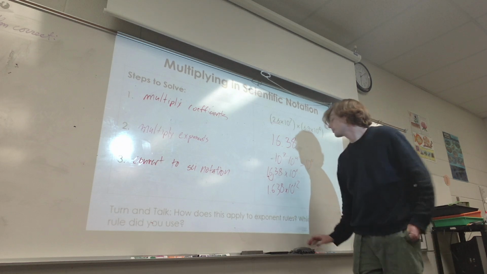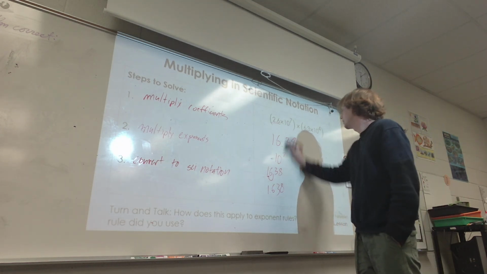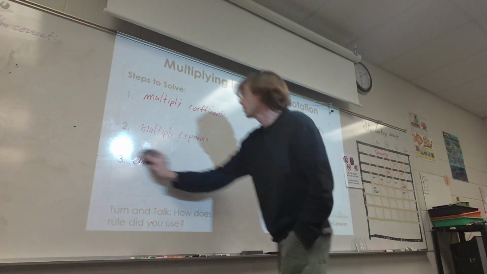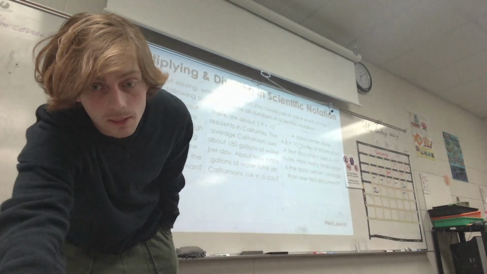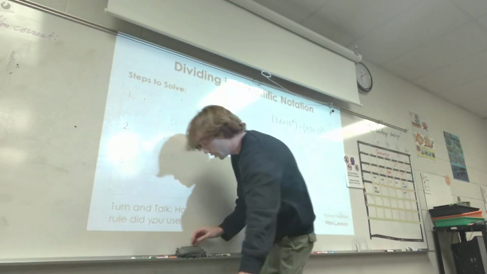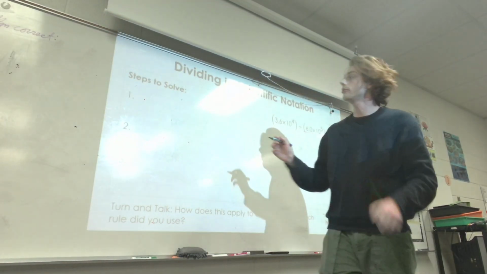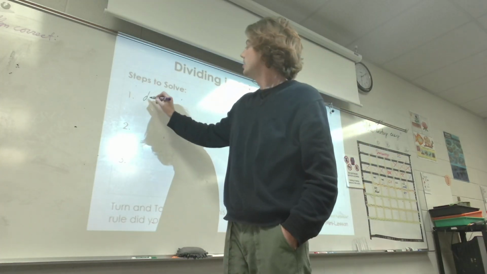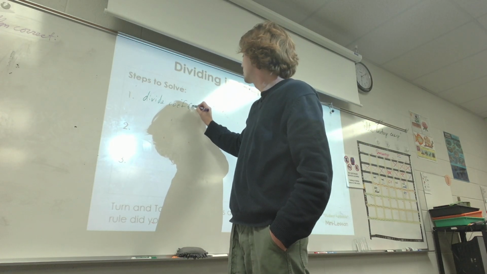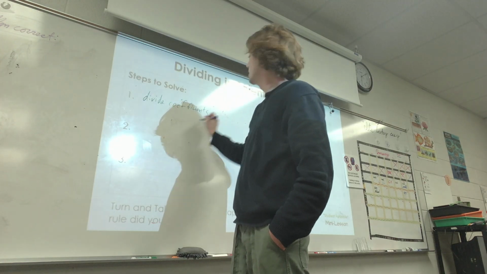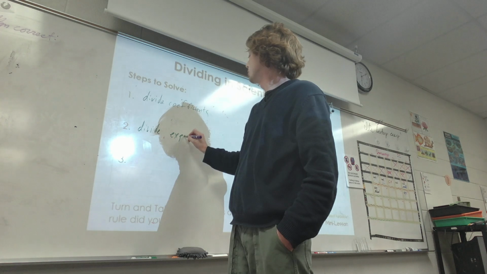All right. You can pause here, but I'm going to move on to dividing using scientific notation. And this works largely the same. Steps to solve: divide coefficients, then divide exponents.